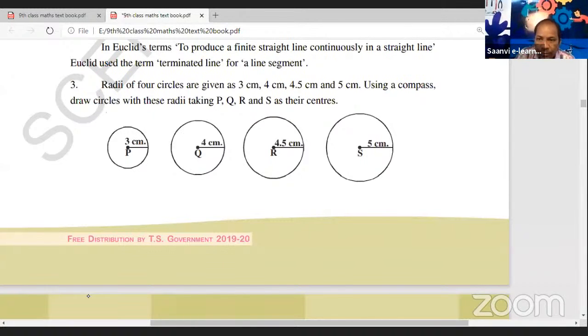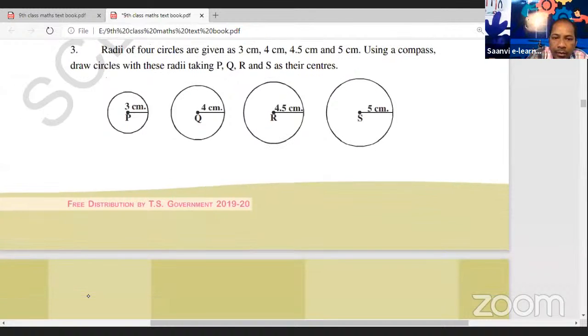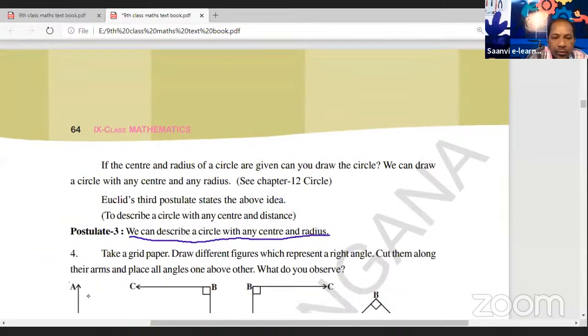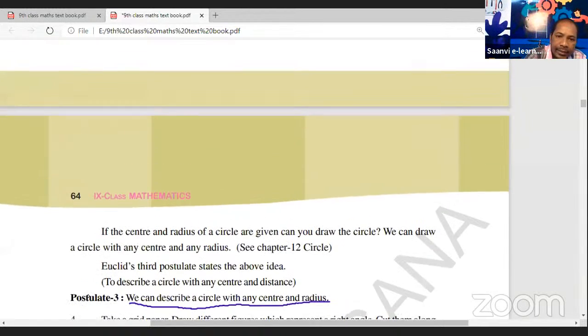Again, if we take another center S and the radius 5 centimeters, with this also we can draw a circle. What is the meaning of this? We can describe a circle with any center and any radius.